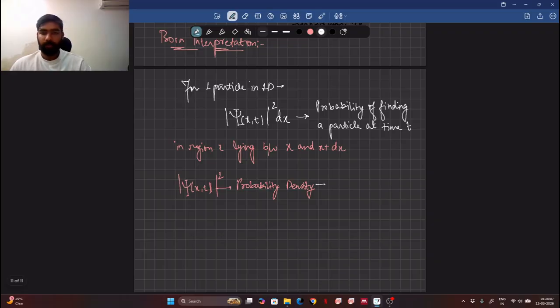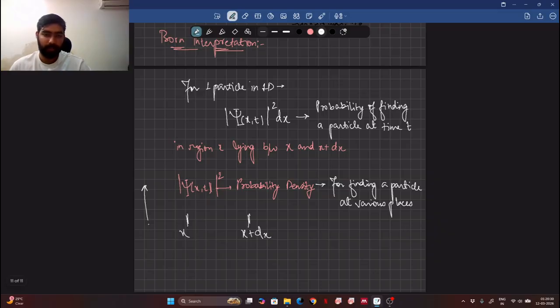So the probability density for finding a particle at various places. Suppose that we have a region from x to x plus dx in the one-dimensional x axis.